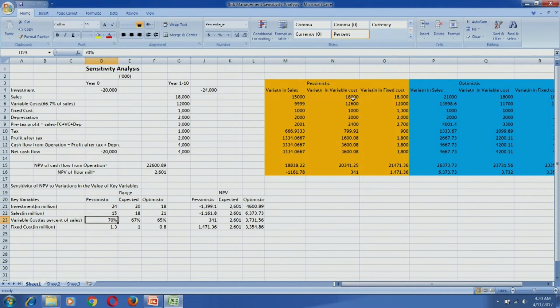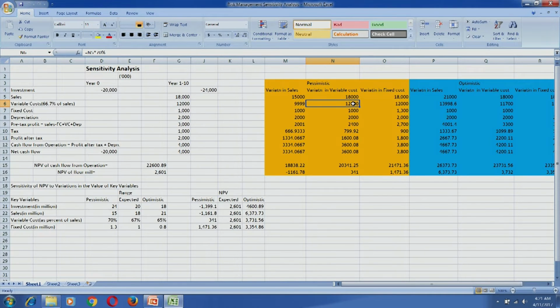Other things will remain constant, right, other things means sales, investment, and fixed cost, right. You can easily calculate variable cost is now 70% of the sales, right. In this case it was 66.66, right.